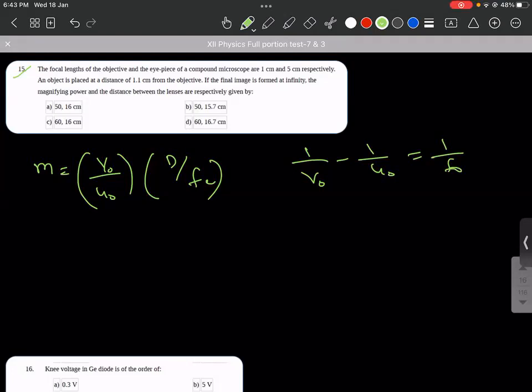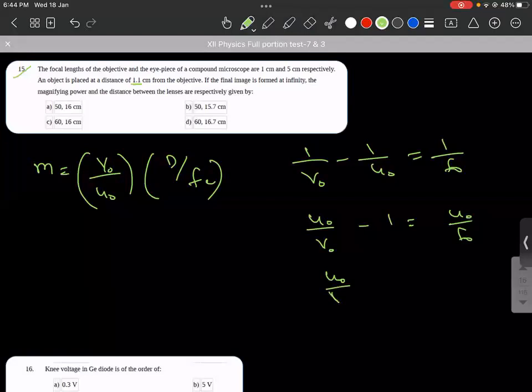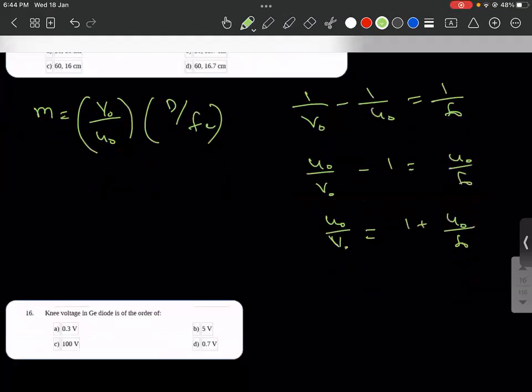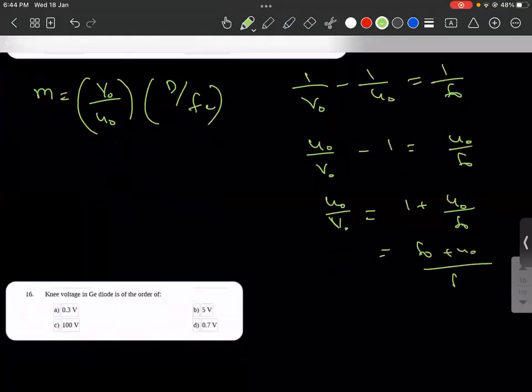So what will you get? 1 minus V naught by U naught is equal to V naught divided by F naught. What is given here? Object distance is given, right? So I'll multiply with U naught throughout. So I'll get U naught by V naught minus 1 is equal to U naught divided by F naught. So U naught by V naught is equal to 1 plus U naught divided by F naught, so there's going to be F naught plus U naught divided by F naught.